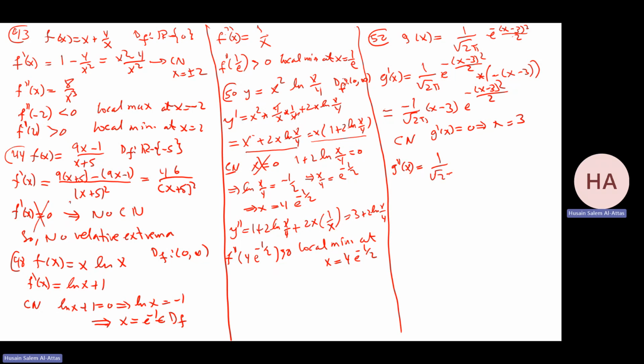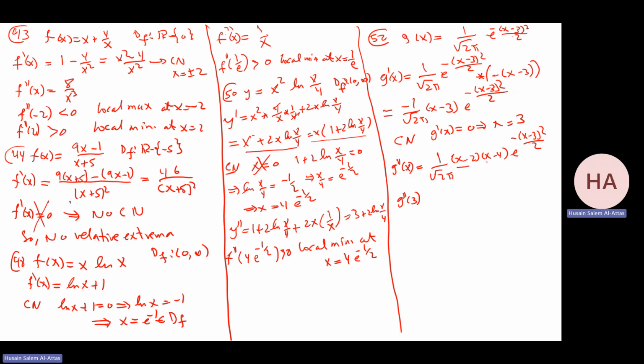1 over root 2 pi times x minus 2 times x minus 4 e to this strange power. Okay, check g double prime at 3. It will be what?